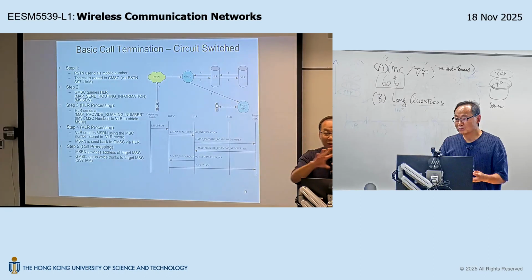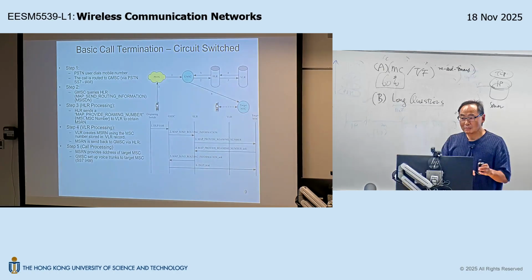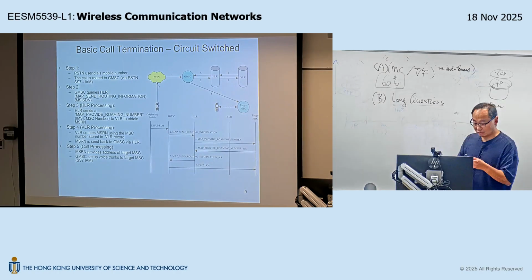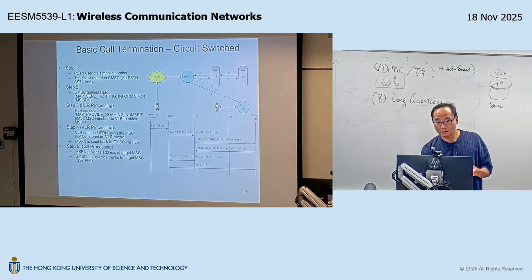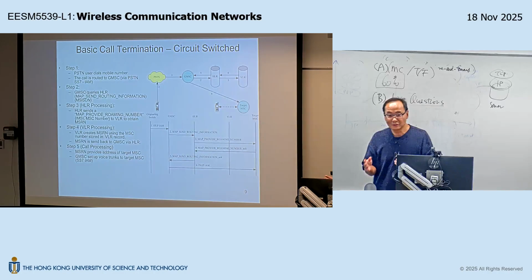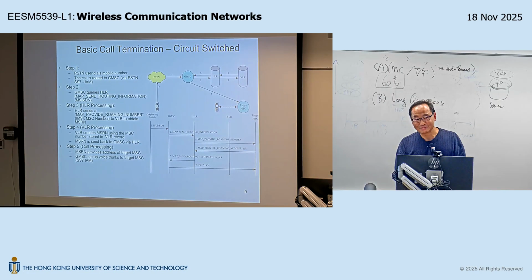Now, if one location area cluster consists of 10 base stations, then every time there is an incoming call for a mobile, how many base stations do you need to send a page message? You need to have 10 base stations sending the page message, right? So is it good or bad? This is bad, right? Because the downlink paging overhead to support one call termination would be higher. Correct? So from that angle, it seems that you prefer a smaller cluster, right?